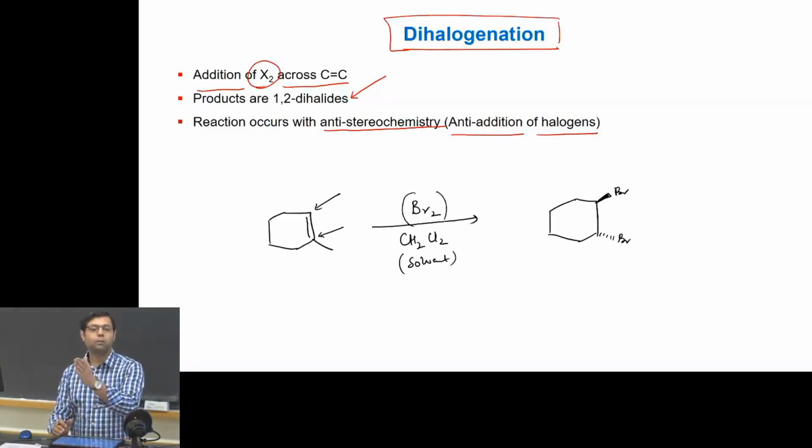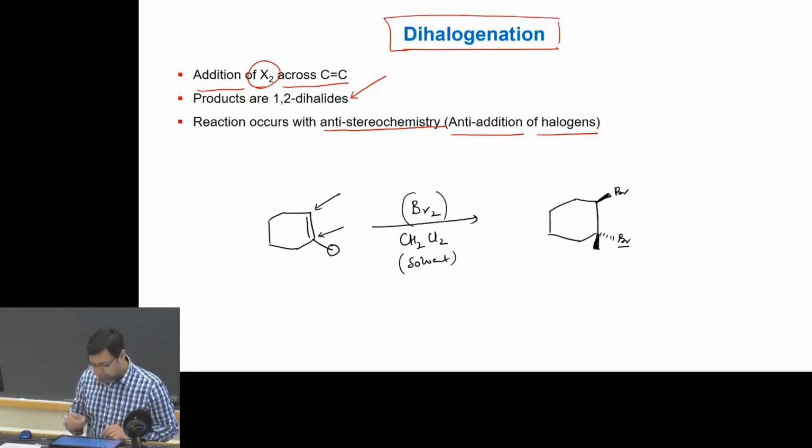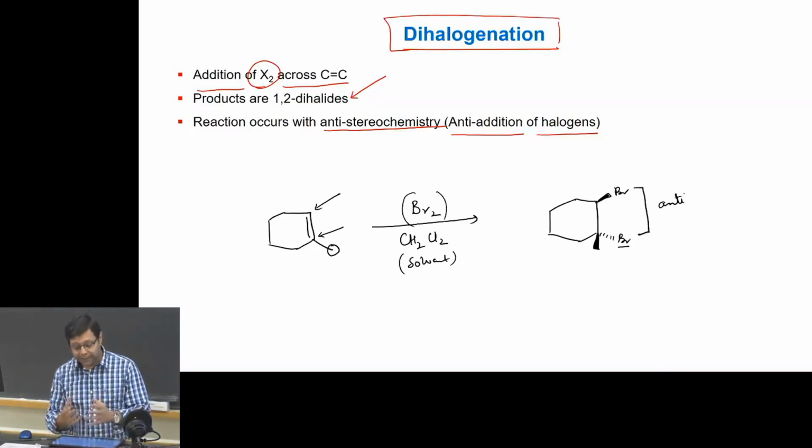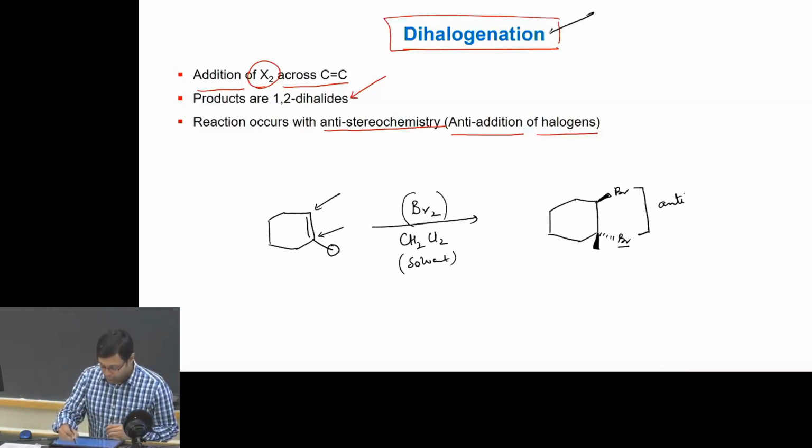Anti-addition means one bromine will be up, one bromine will be down. Now you have a metal in the reactant here that will still be there. The metal will be up because the bromine is down. But the relationship between the two halogens will be anti. So the stereochemistry will be anti in dihalogenation. Always keep that in mind.